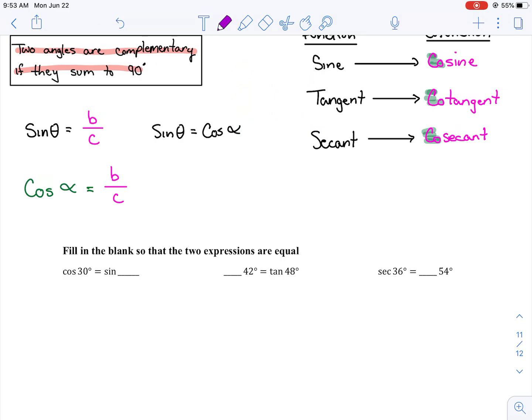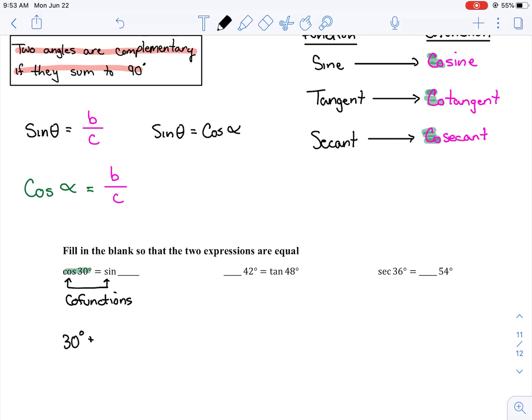Okay. So the cosine of 30 degrees equals sine of what? Well, since sine and cosine are cofunctions, all we need to do is find an angle that is complementary to 30 degrees.